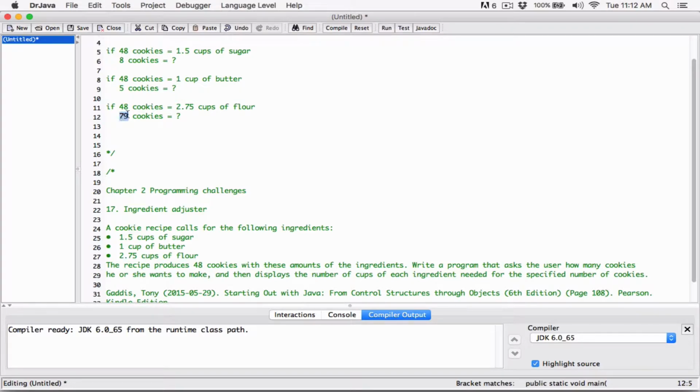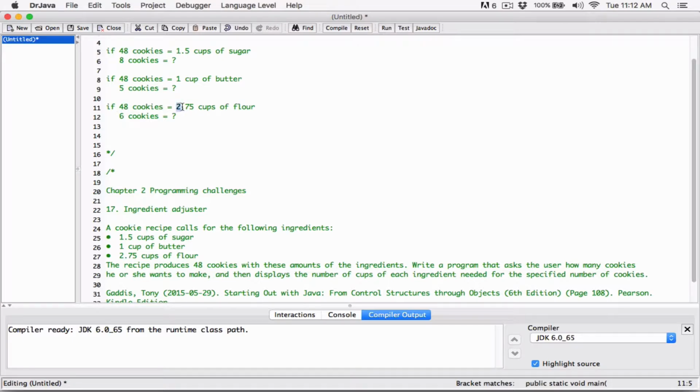Same with this one too. If 48 is equivalent to 2.75, 79 is going to give us more. And if more, less divides. If 48 gives us 2.75, 6 cookies is going to give us less. If less, more divides. So for all of the cases, we are always dividing by 48 and multiplying by 2.75.